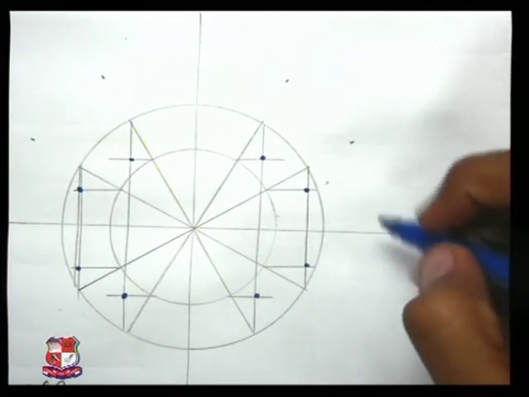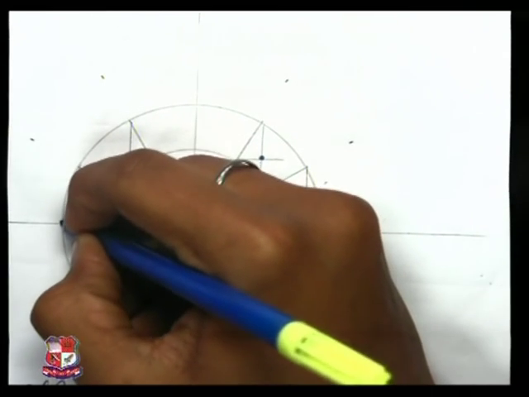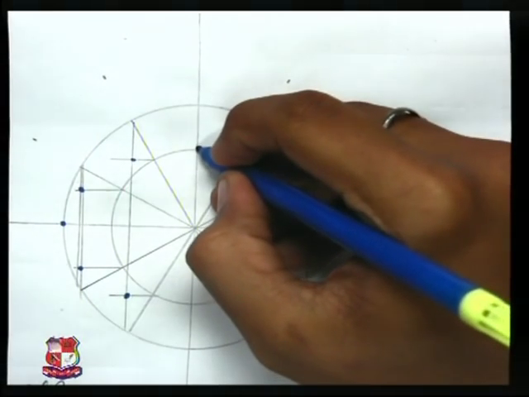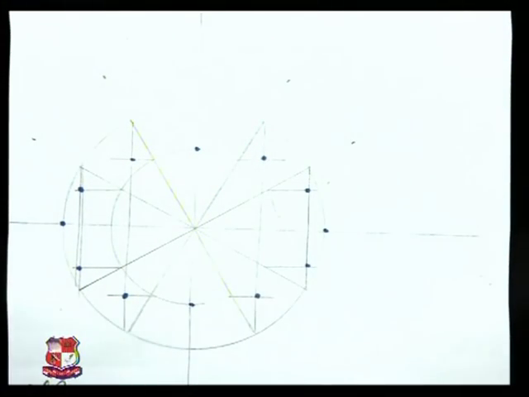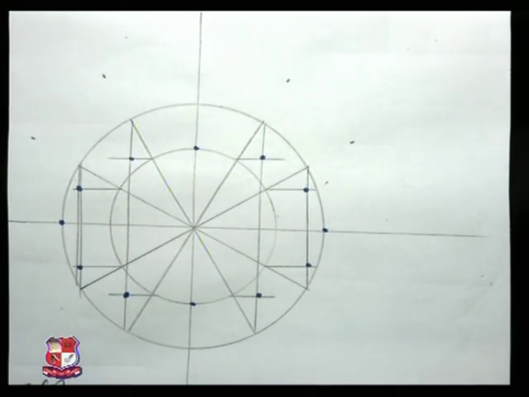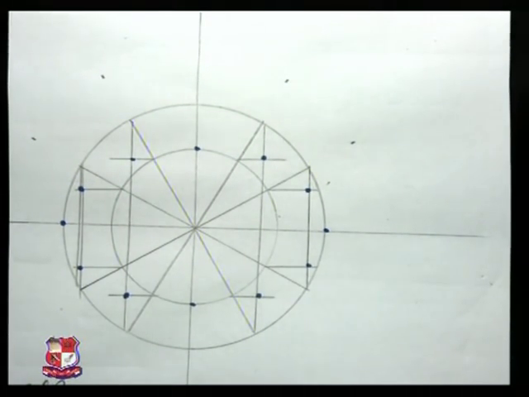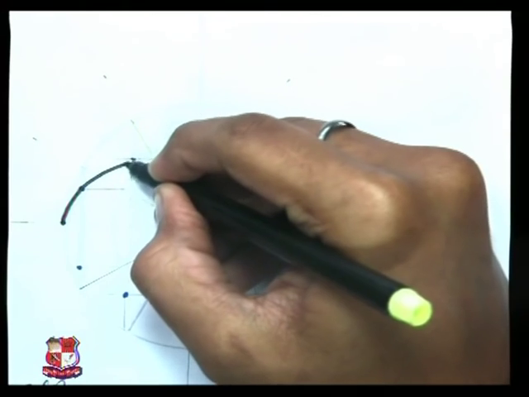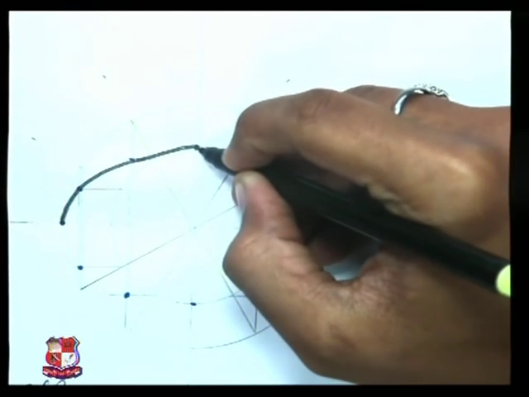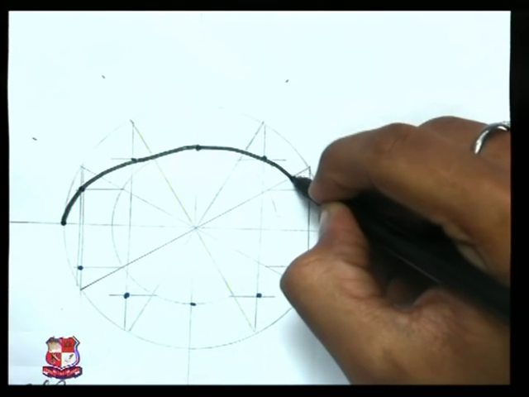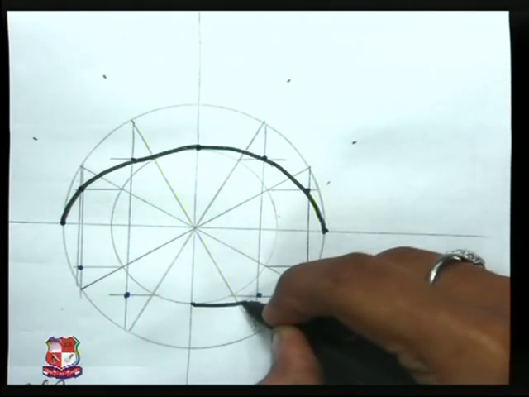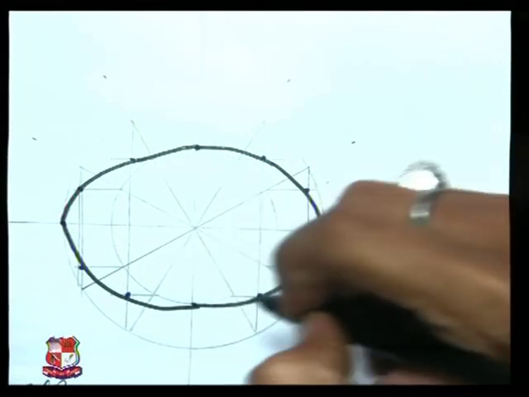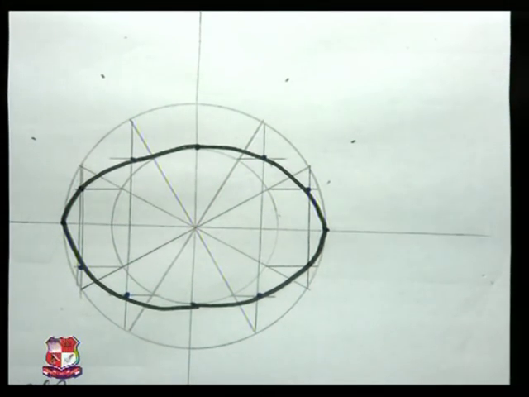We need to cover major axis, so I am marking two outermost points, and we need to take minor axis, so I am marking two innermost portions too. Joining these points using the French curve or manually, you can have the ellipse.